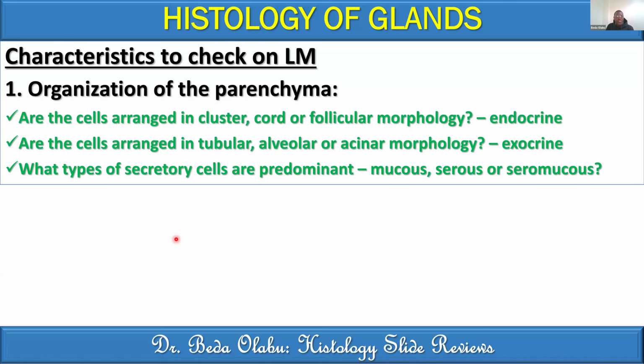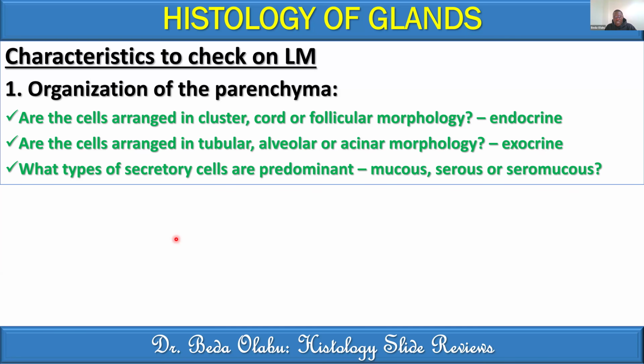The other thing we want to look at, and especially if you have acinar morphology, and this becomes handy for this particular class that you're looking at. The salivary glands usually have acini. The pancreas also has acini. Now, when the secretory portion is of acinar morphology, then we need to go a step ahead and look at the types of secretory acini present.